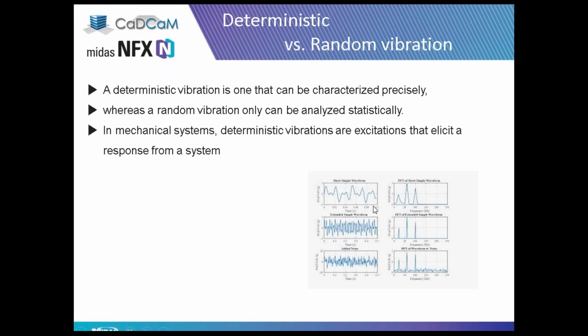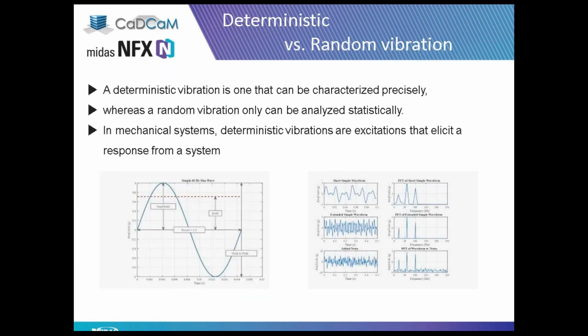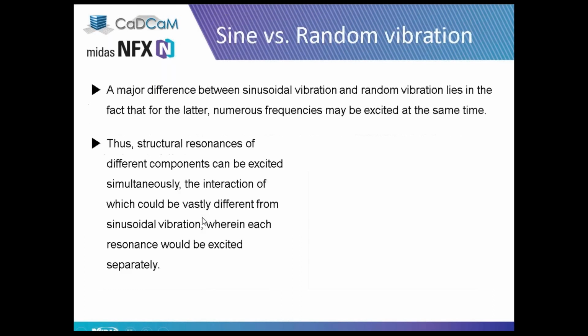We can see 3 examples, in the time domain as well as in the frequency domain. In the frequency domain, we can observe 3 peaks on each curve. Those are the natural frequencies of the system, whereas the sine vibration has a very accurate and precise determination of the amplitude, the phase, and the frequency.